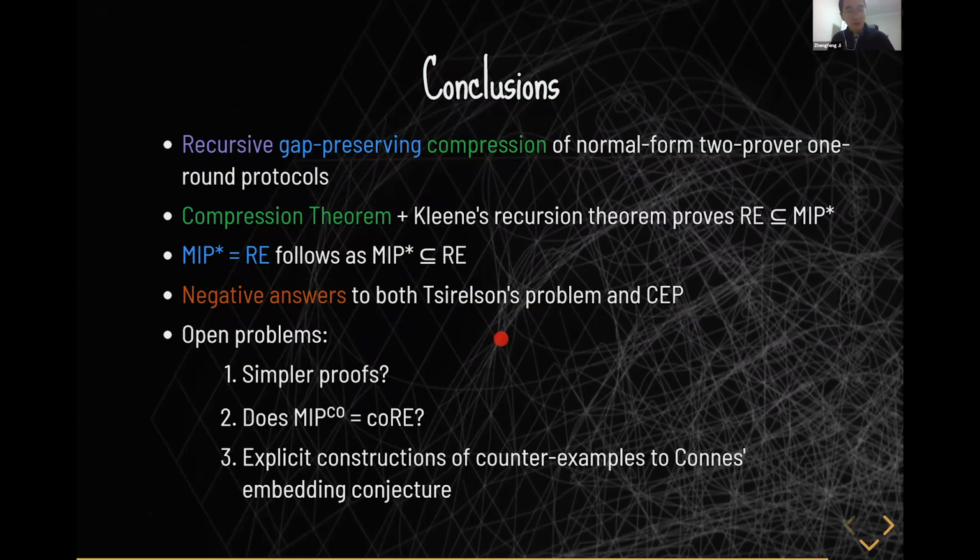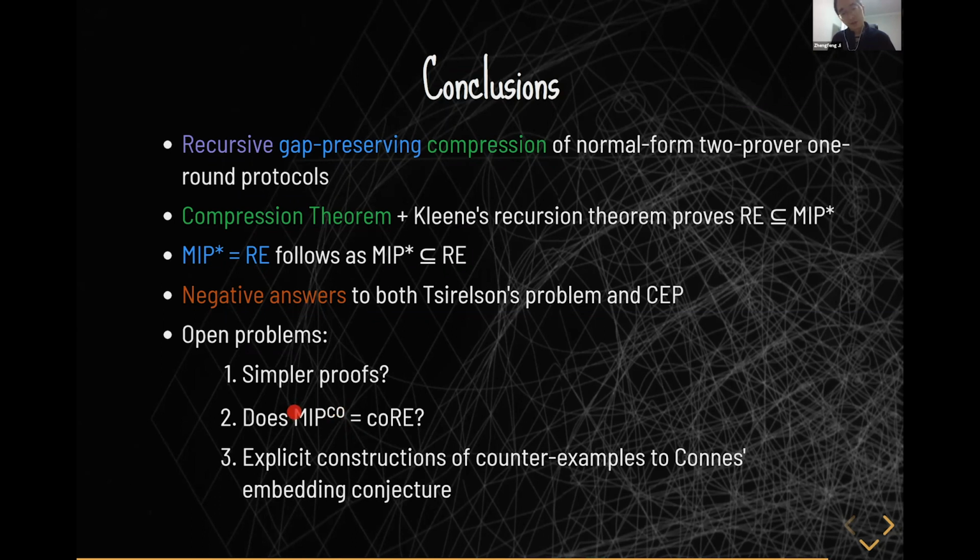And there are some open problems. One is, can you have a simpler proof? The proof is very long, even though it's modularized, but I guess it would be beneficial to have a much simpler, checkable proof. And also there's a complexity class called MIP^co, where your main interest is in commuting operator strategies.